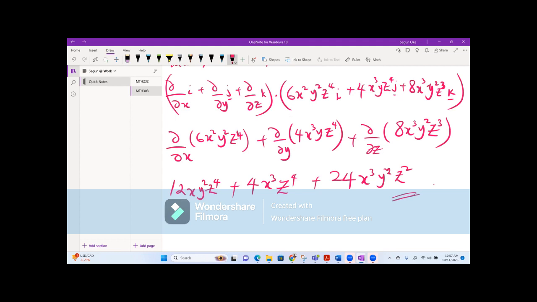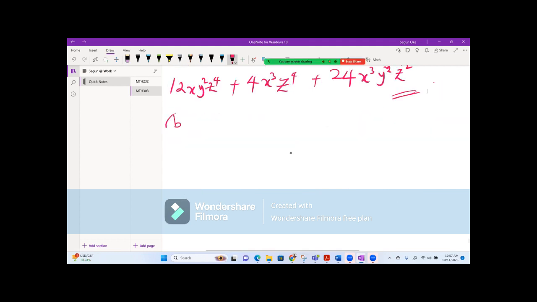Then the b aspect of it says we need to show that del dot del phi is the same thing as del squared phi. So what we need to do is solve to prove it.